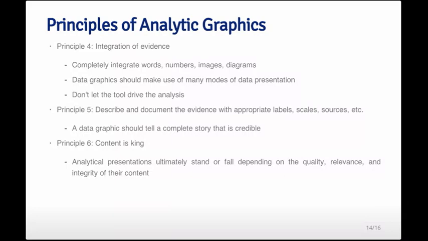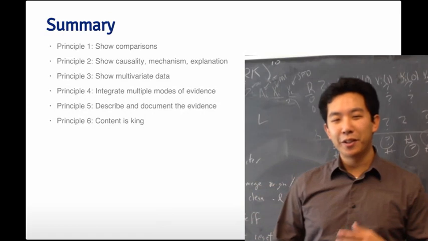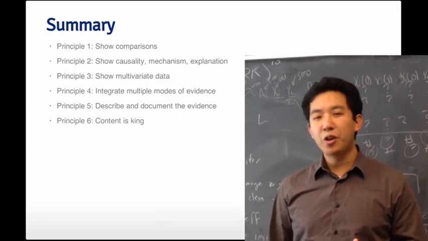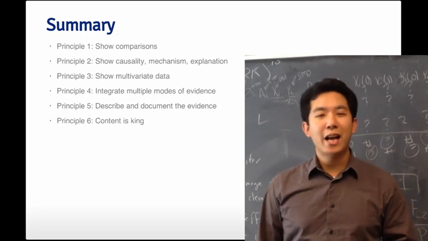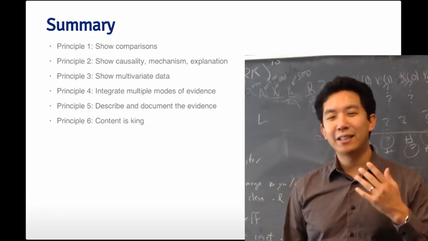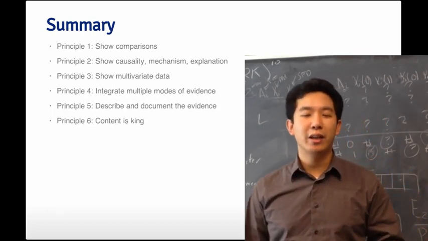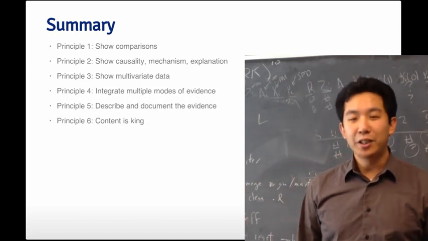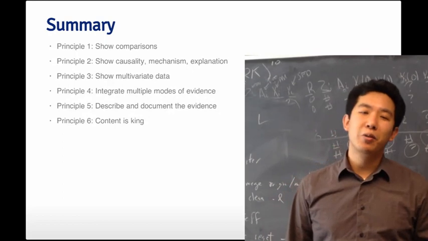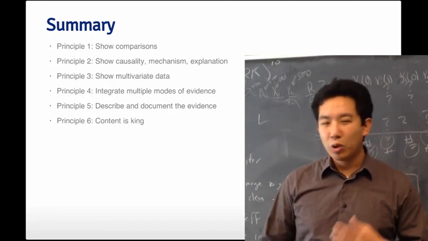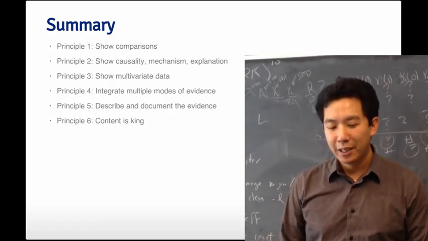So just to quickly summarize, the 6 basic principles are: first, show comparisons. Always show something relative to something else. Second, show causality or mechanism, or explain, at least try to explain how the system is working, how the world is working, at least according to your ideas. The third is to show multivariate data. So always try to show more than 2 variables because the world is complex and involves many variables.